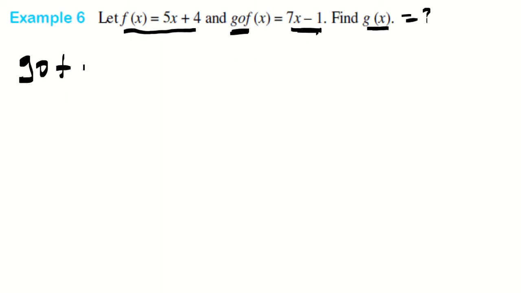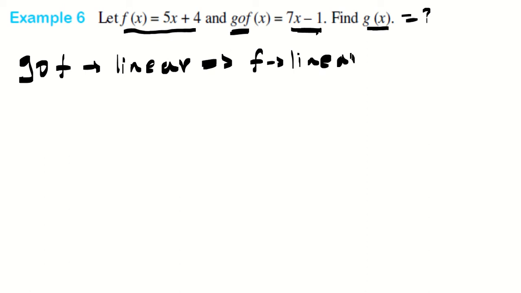So g of f is linear. The g of f, g of f of x. What does this imply? F must be linear and g also must be linear. As you see, f is already linear. What about g? We don't know. That's what we are looking for. That's not given to us, but necessarily g must be linear.